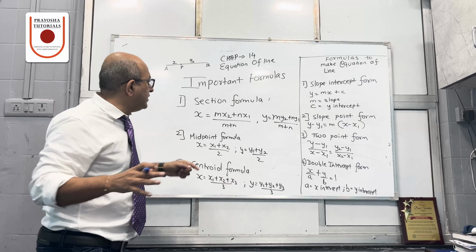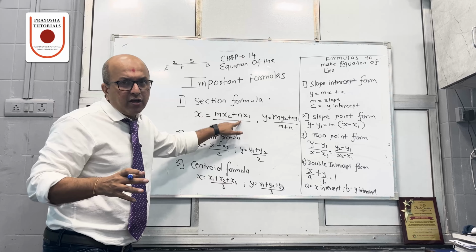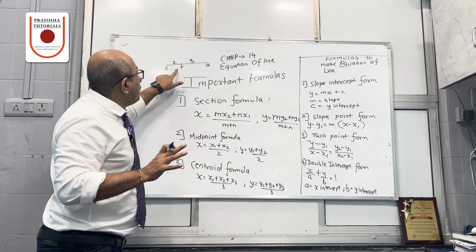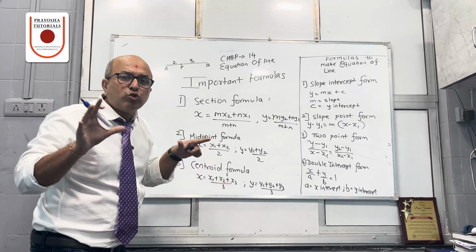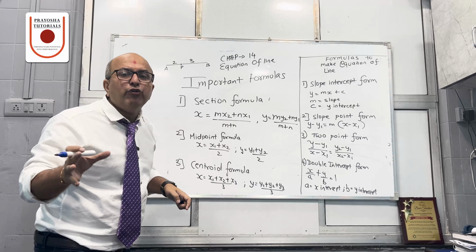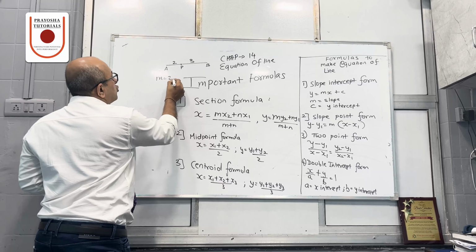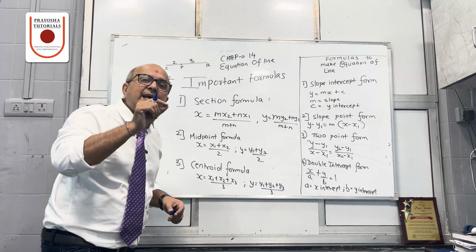Point P divides segment AB in the ratio 2:3. So when we say 2:3, that is the value for m and n. So m is equal to 2 and n is equal to 3. Did you understand what m and n are?